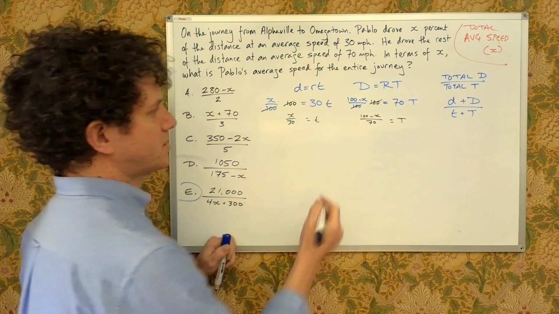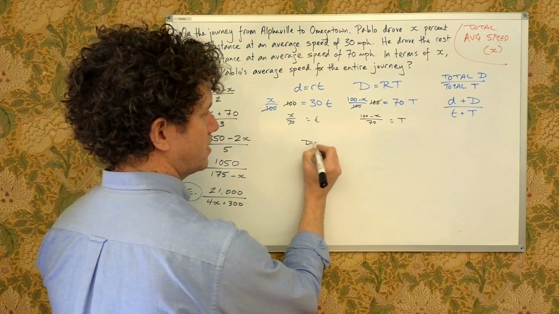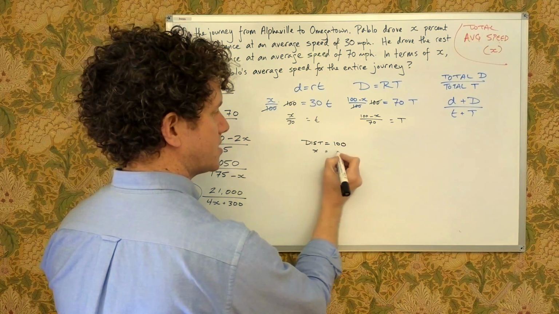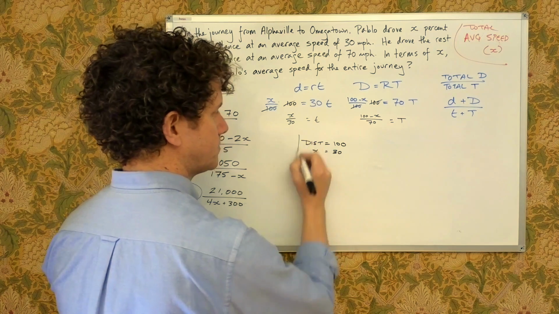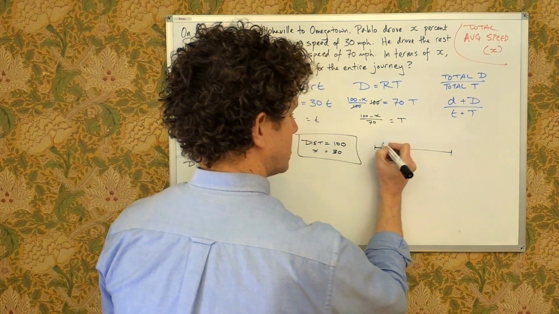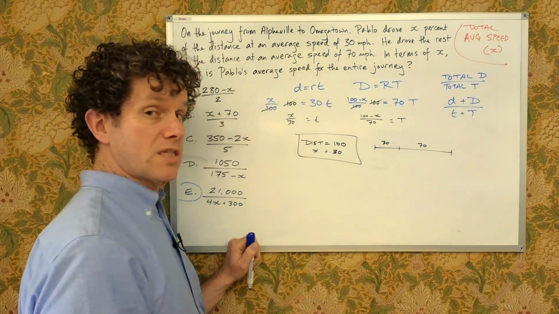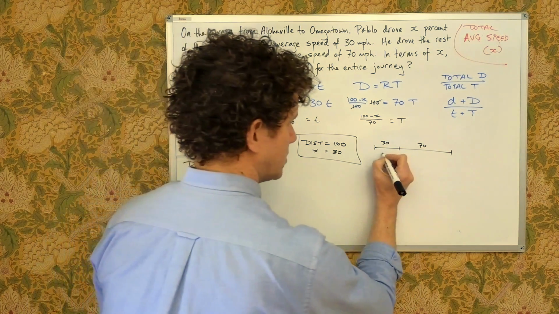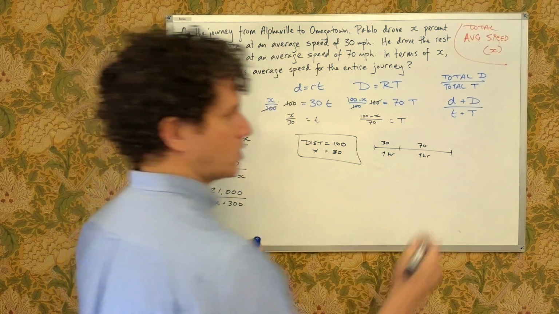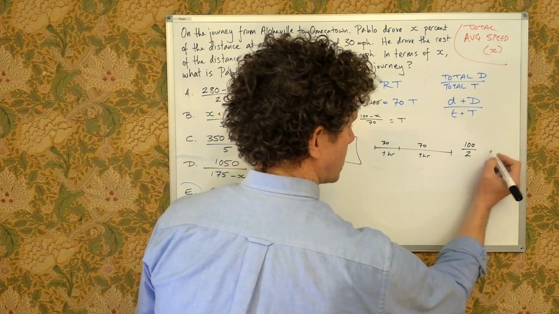Let's suppose that our distance is 100 miles and x is 30. Made these two numbers up, so that means he drives 30 miles at 30 miles an hour and 70 miles at 70 miles an hour. Well, of course, that takes 1 hour and 1 hour. Total distance, 100 miles. Total time, 2 hours.